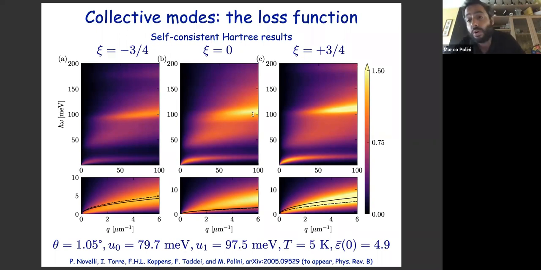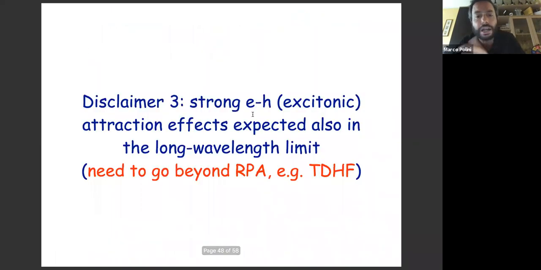But the jargon is very poor, of course, because as you know very well, in these electron-hole transitions, there are large excitonic electron-hole attraction effects. And so, in order to be sure, we would like to include excitonic electron-hole attraction effects by doing time-dependent Hartree-Fock calculations later on to see how the results change compared to simple RPA.